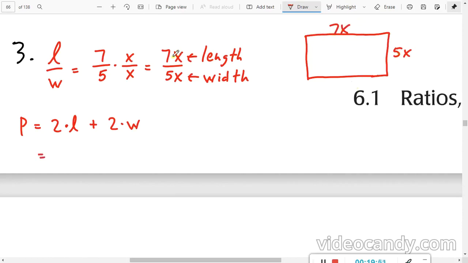So 2 times the length is 2 times 7x, and 2 times the width is 2 times 5x. So that's going to be 14x plus 10x. That's 24x. Now that equals the perimeter, P.